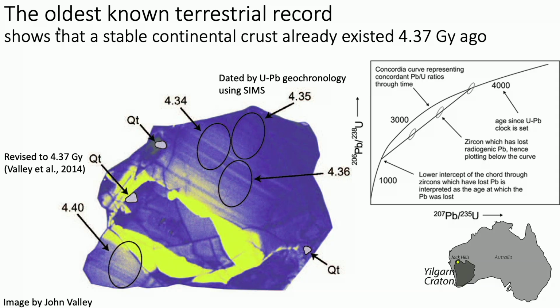Here you have the zircon, and this is how the age is obtained. It's obtained by uranium-lead isotope geochronology using ion mass spectrometry. Most of those early measurements were done with the SIMS in Australia.